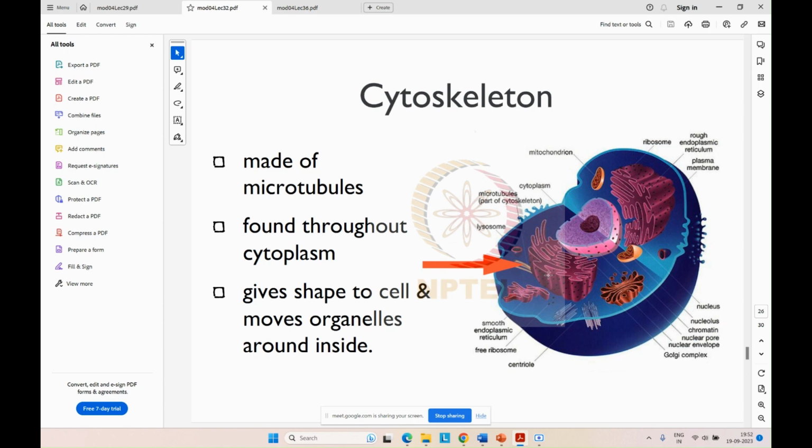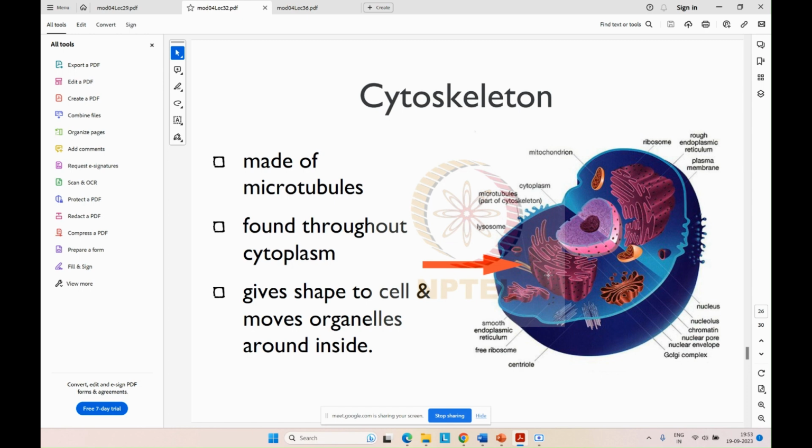Next is the cytoskeleton, which is microtubules, actin filaments, intermediate filaments, etc. It gives the cell shape, rigidity, support, and it also keeps the organelles in their place. It also helps the cell move around if it needs to, like in the case of leukocyte migration.